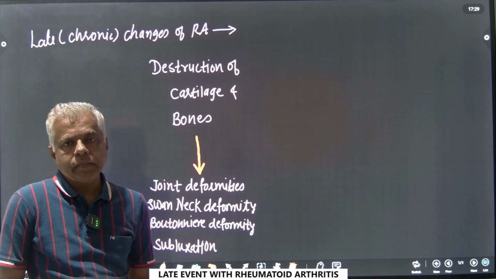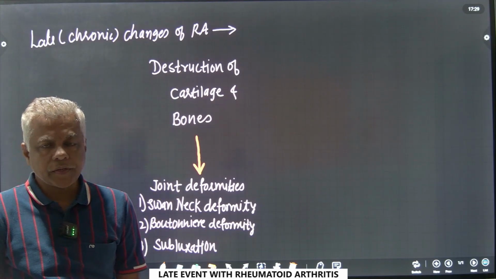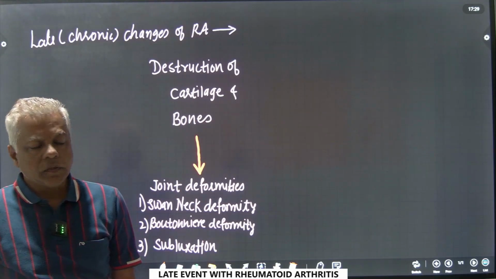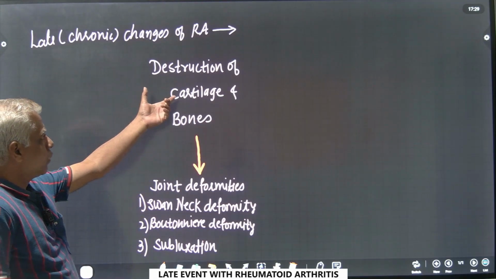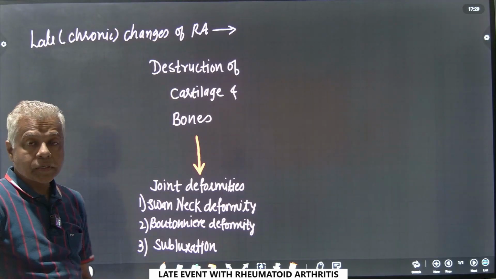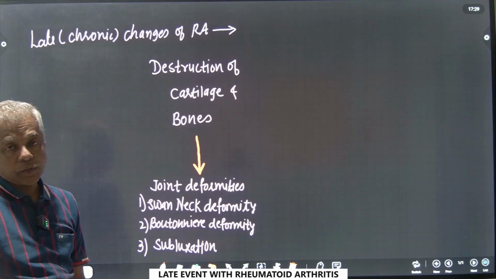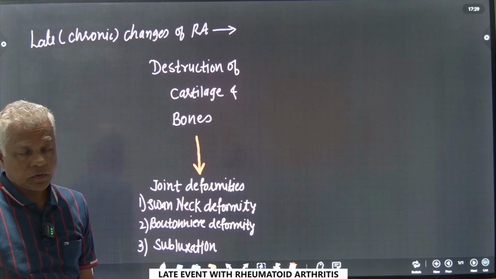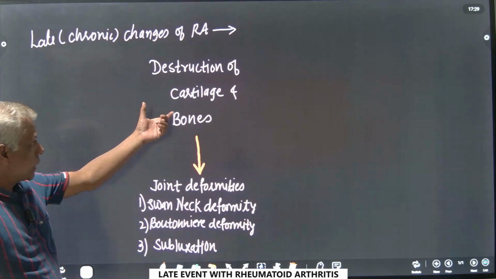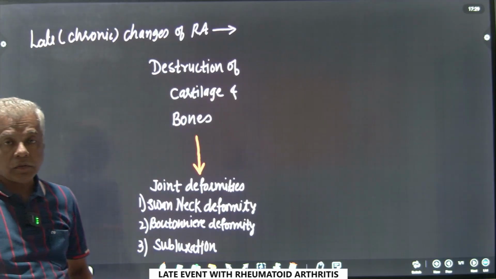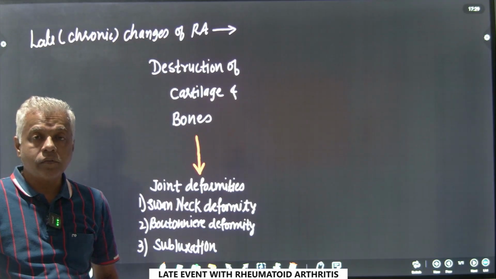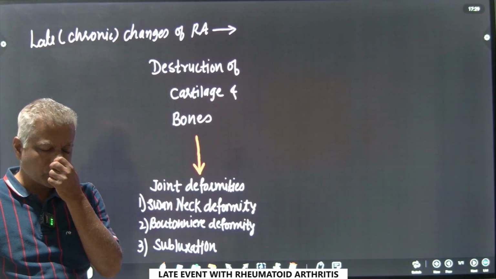Now we will see late changes of rheumatoid arthritis. In the late phase of the disease, the important event occurring is a destruction of the cartilage and a destruction of the bones. This destruction of the cartilage and bone occurs in the late phase of the disease, or once the disease achieves its chronic stage.